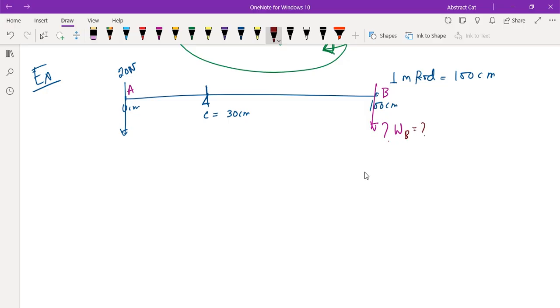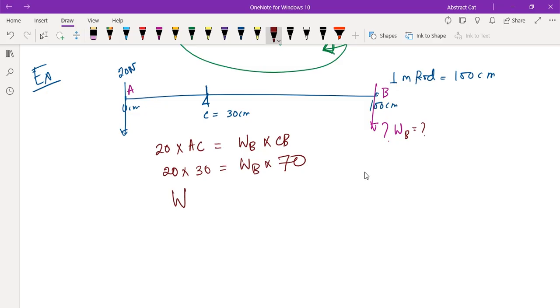Very easy to calculate. From the principle of moment, we know that 20 Newton on the left side times AC is equal to the weight of B times CB. That is 20 times AC, which is 30, and the weight of B is unknown, and CB is 100 minus 30, which is 70.